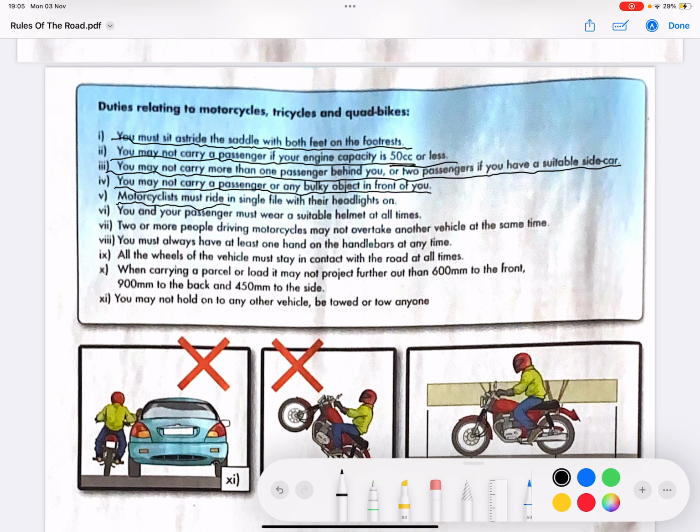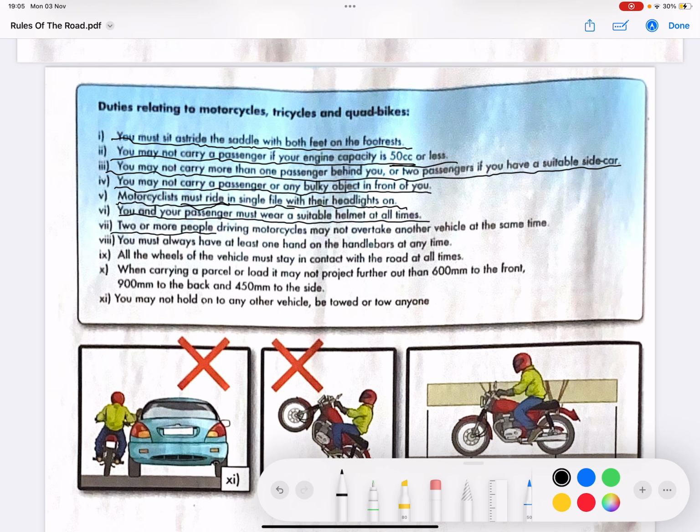Motorcyclists must ride in a single file with their headlights on. Okay? You and your passenger must wear a suitable helmet at all times. So you are not allowed to be on the motorcycle without your helmet.